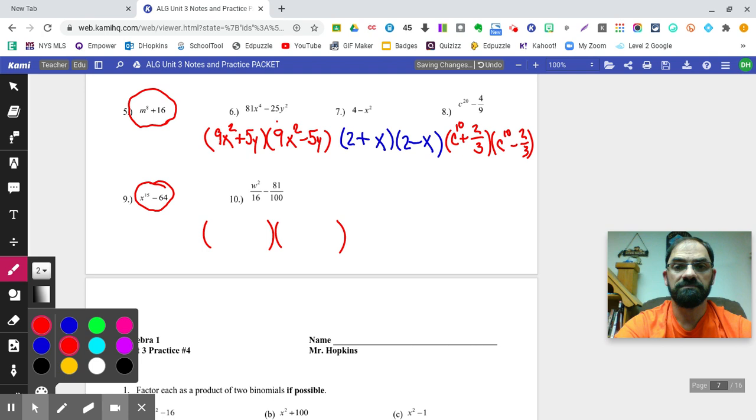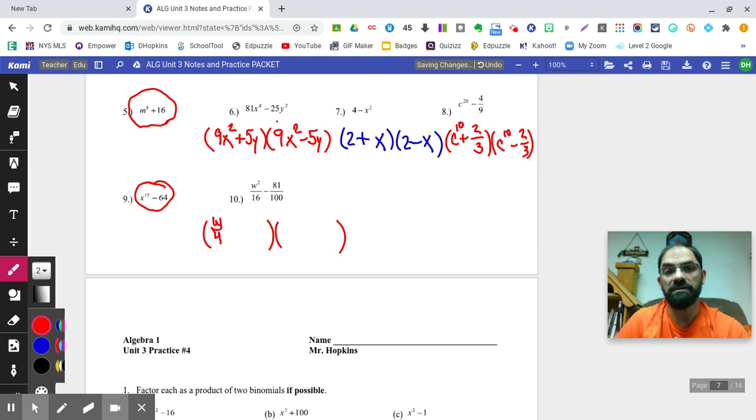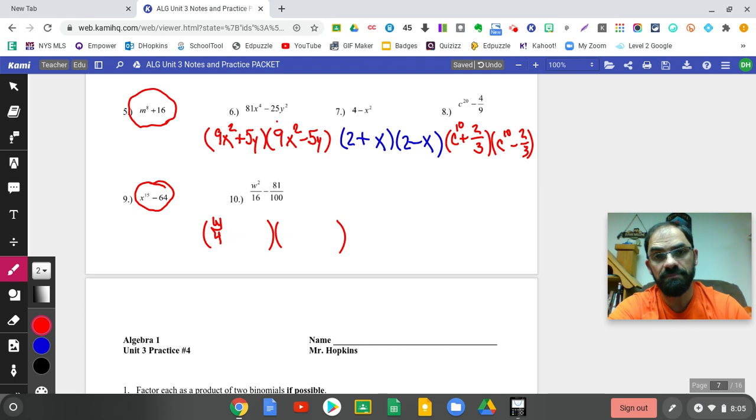Still saving changes. Come on, Google. Here we go.